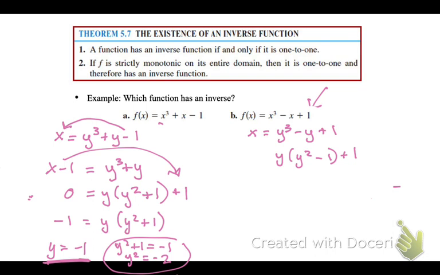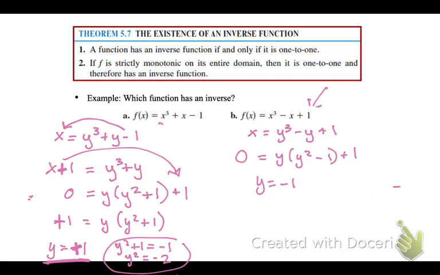Okay. And so then if I set it equal to 0, y would equal negative 1. This should have been positive 1 over here. On the first one, that should be positive 1, shouldn't it? Yep. So it only changed this to positive 1.